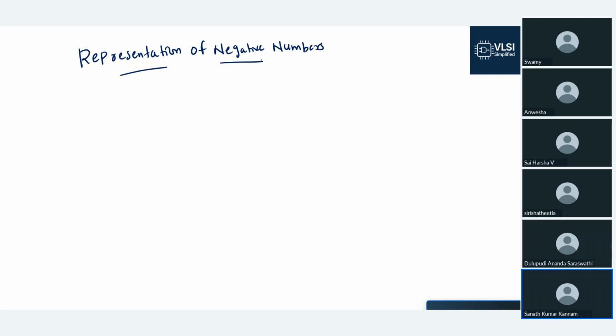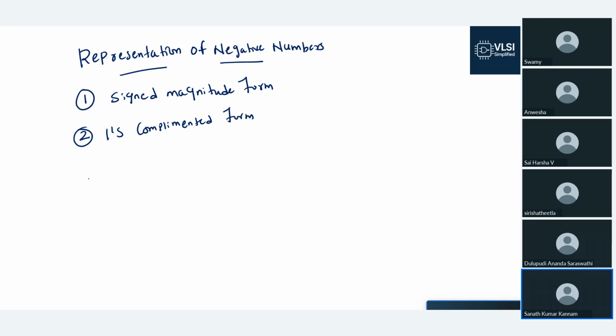The negative numbers are represented in three forms. One is sign magnitude form, and the second one is 1's complement form, and the third one is 2's complement.